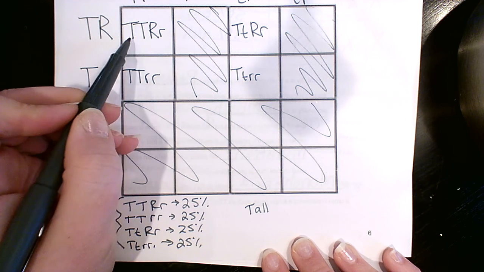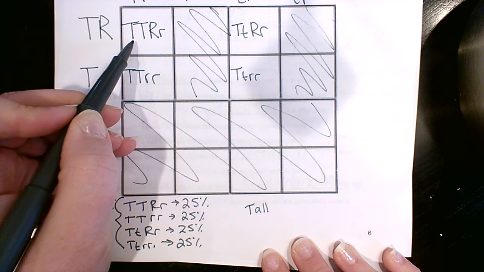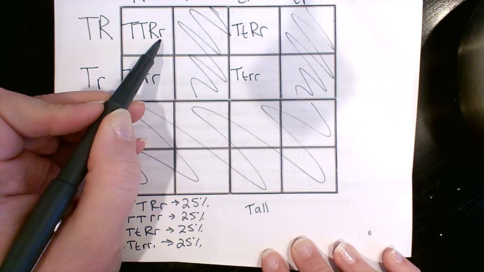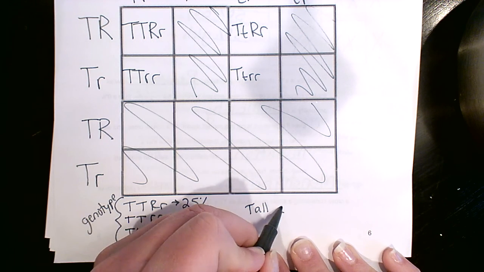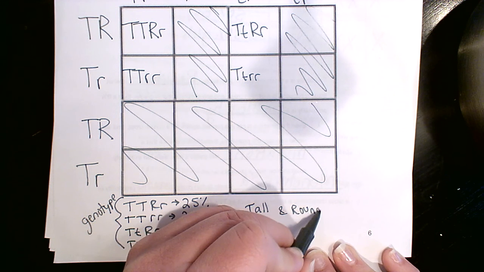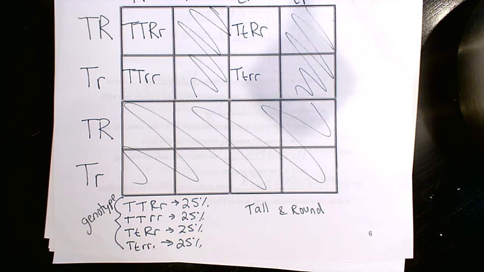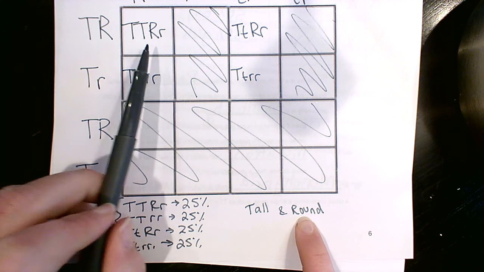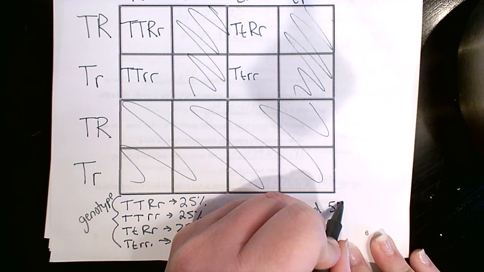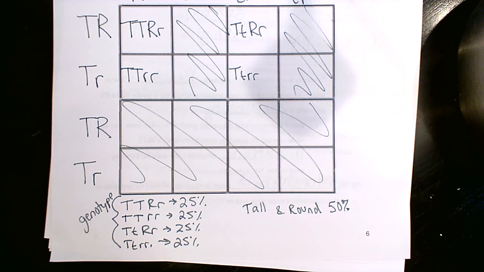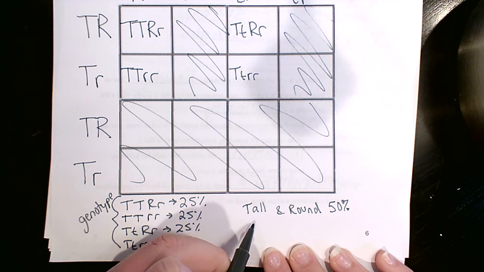This one in particular would be tall because it has at least one dominant allele for T, and it would also have round peas because at least one dominant round. So on tall and round, how many of our boxes have at least one capital T for tall and at least one capital R for round? This one does, and this one does. So 50% I would have my seeds produce tall and round pea plant producing plants.